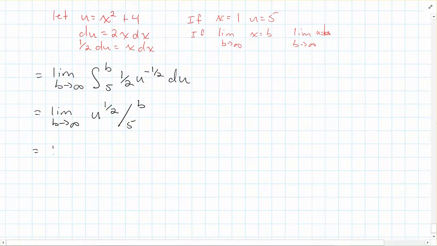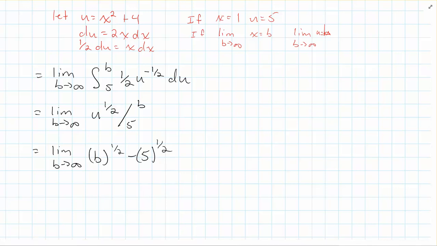So this would be the limit as b goes to infinity of b to the 1/2 power minus 5 to the 1/2 power. Now, of course, 5 to the 1/2 power is just the square root of 5, but we have to think of what happens to the square root of b as you go off to infinity. And again, we shouldn't be too surprised by this. We should be accustomed to things like this. This goes to infinity.